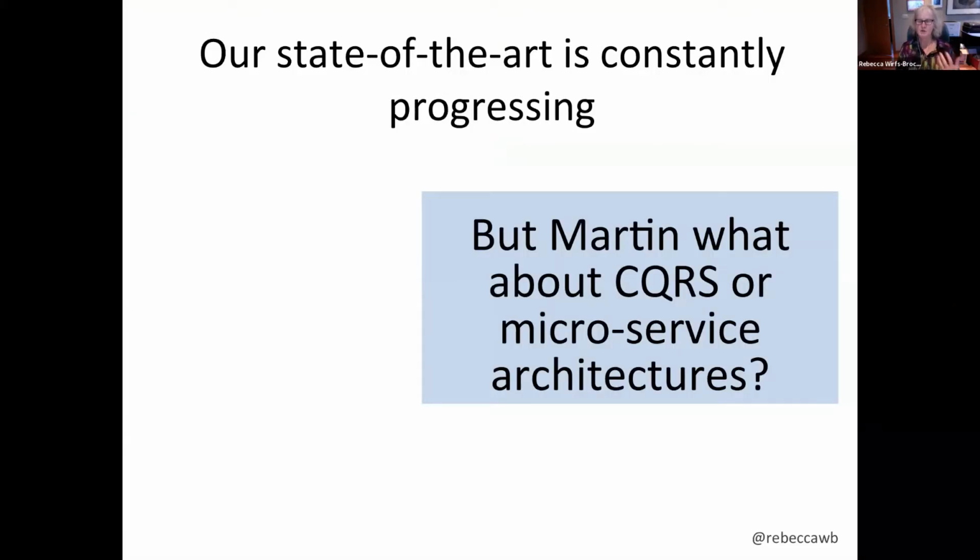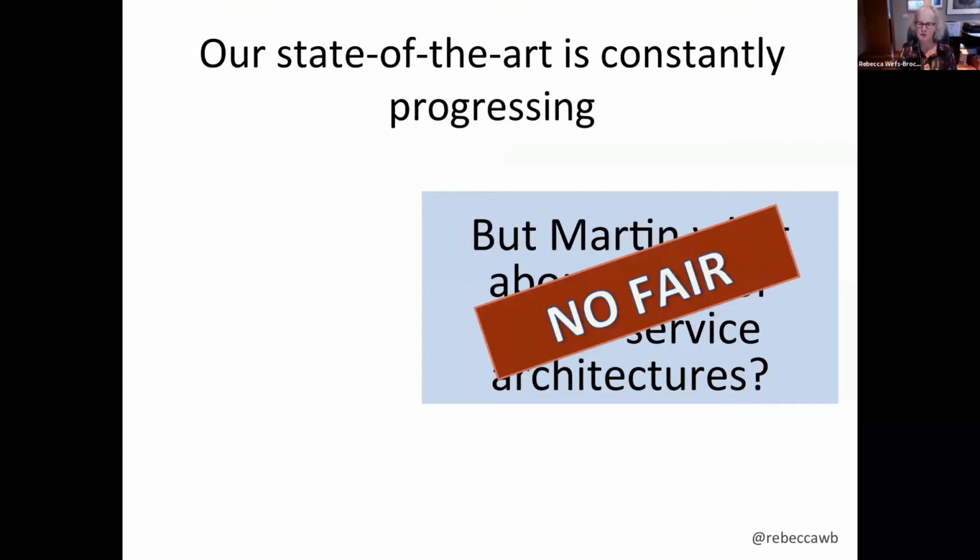You could ask Martin Fowler, okay, these were interesting, but those are sort of clunky early 2000s ways of structuring systems. What about the new command query responsibility segregation kind of architecture or microservices? What about that? And I would say that's not really fair.